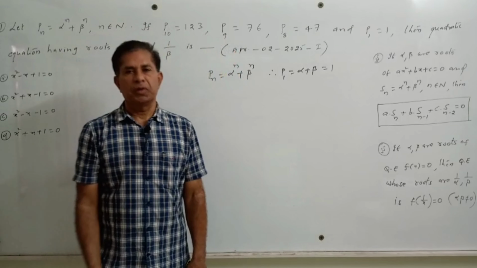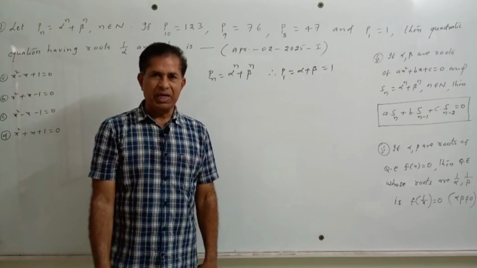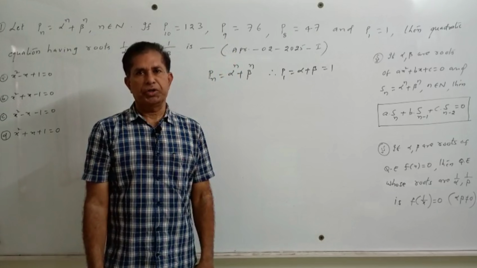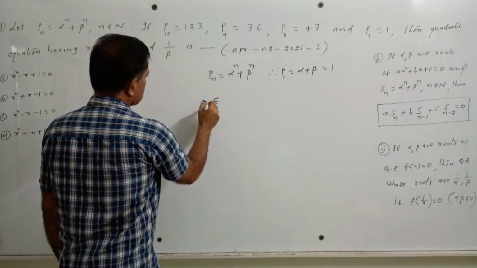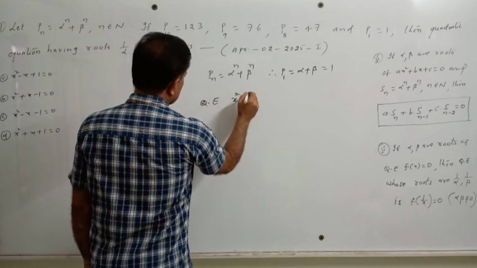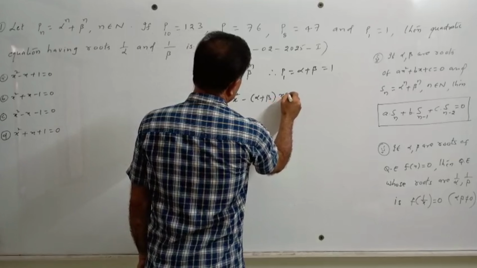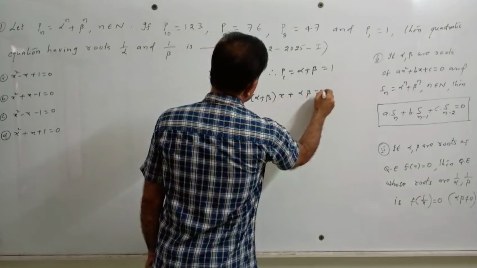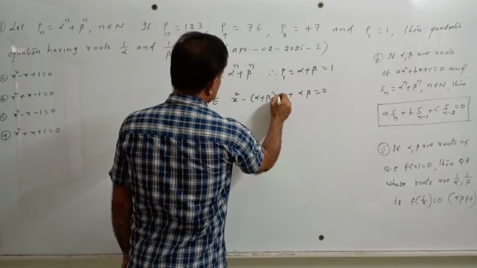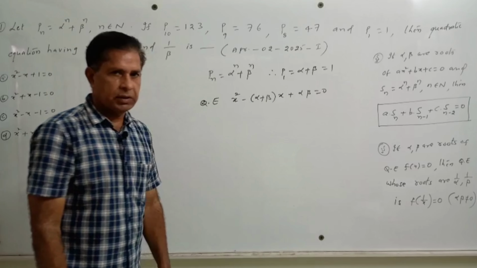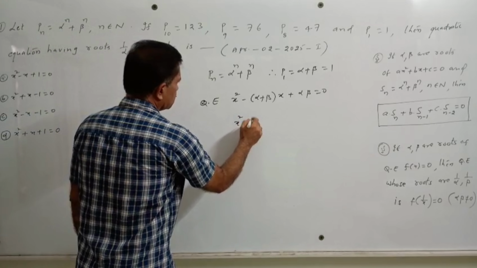Now we know the sum of the roots of the quadratic equation. If alpha, beta are the roots of the quadratic equation, what is the formula? The quadratic equation can be written as x square minus sum of the roots into x plus product of the roots is equal to 0. So let us write the x square term same.